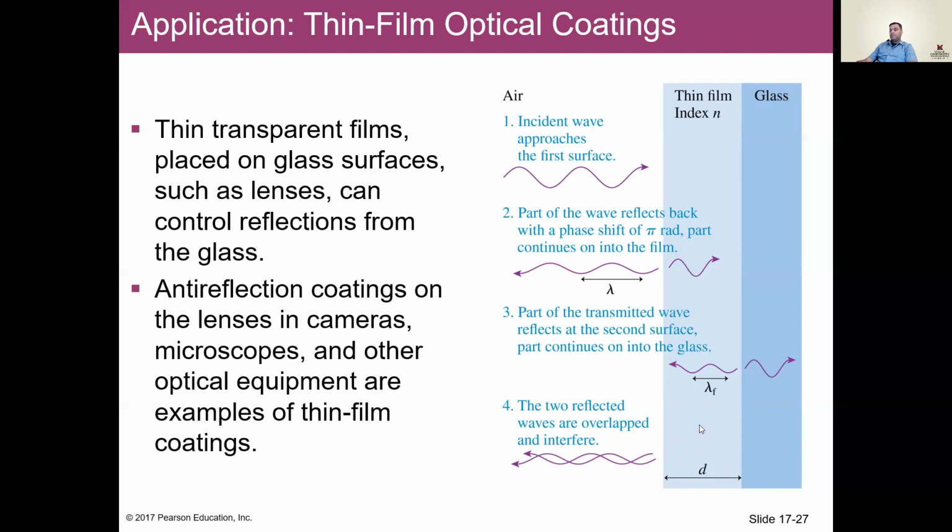When they come to your eye, you're going to see some optical patterns, which are a result of these two different surfaces being present in the system. Anti-reflection coatings on the lenses in cameras, microscopes, and other optical equipment are examples.